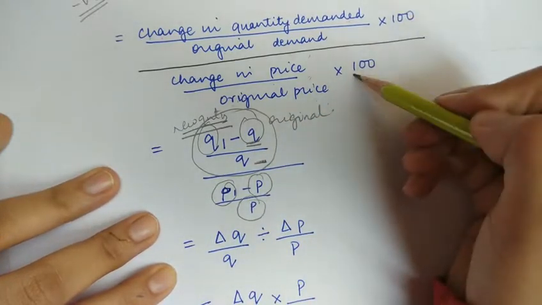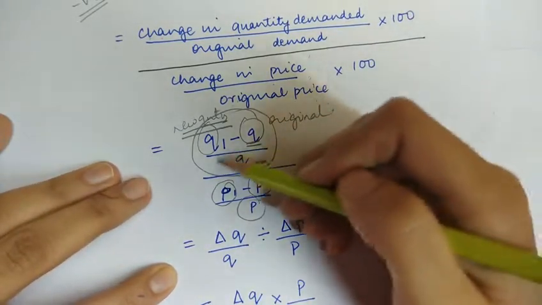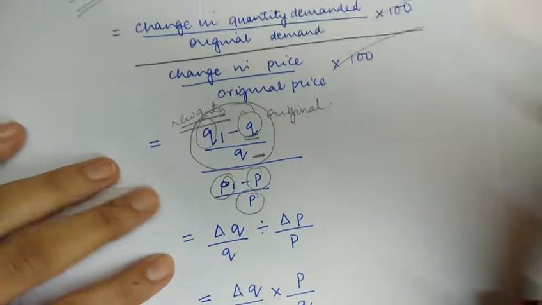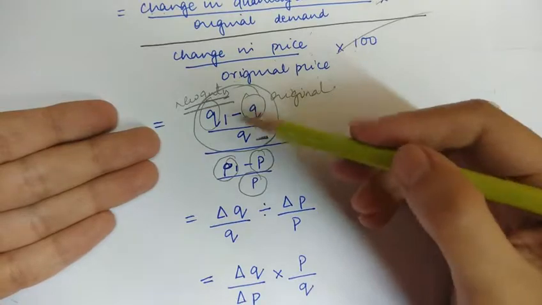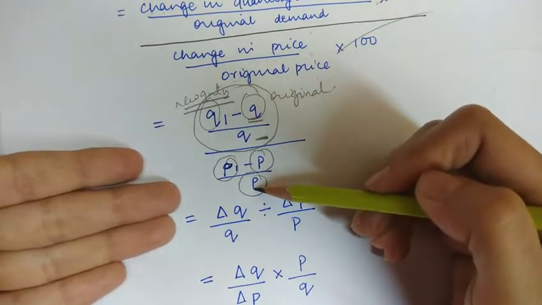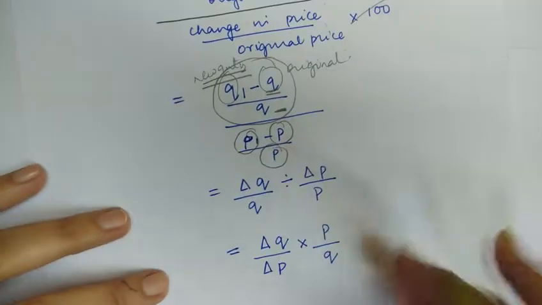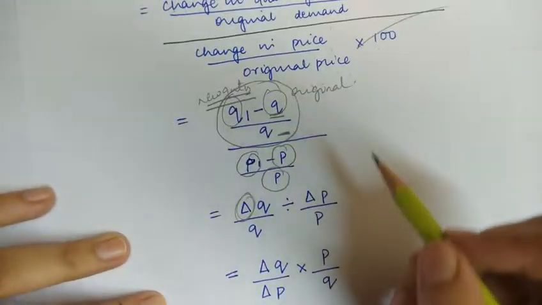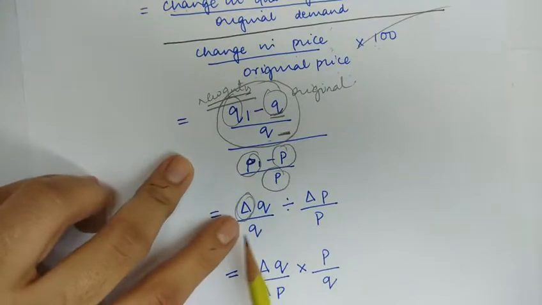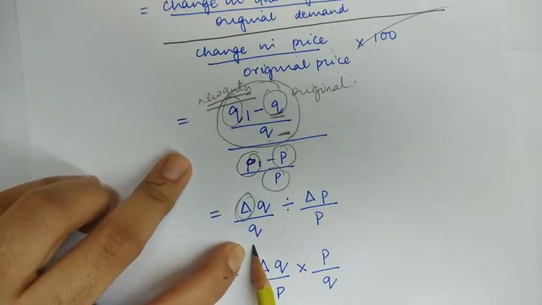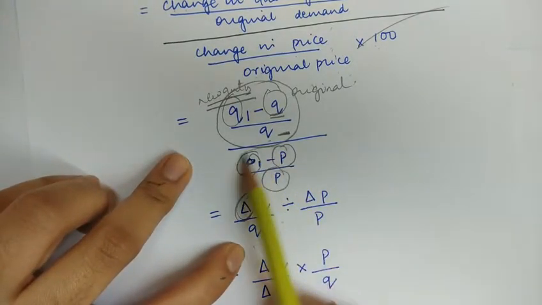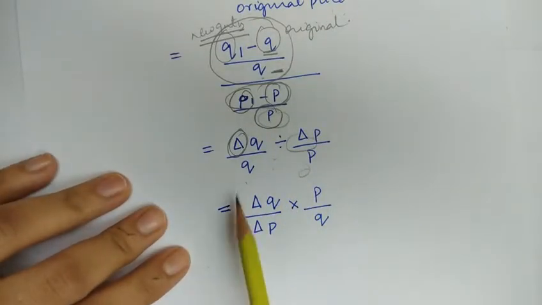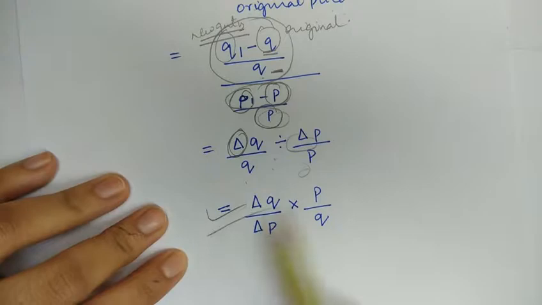We are not carrying forward these hundreds here because you can just eliminate them. So that is basically a ratio of change in quantity demanded to change in price. Delta is a term that we use for change. So from here you can see that change in Q upon Q divided by change in P upon P. We just rearrange it and we get this.